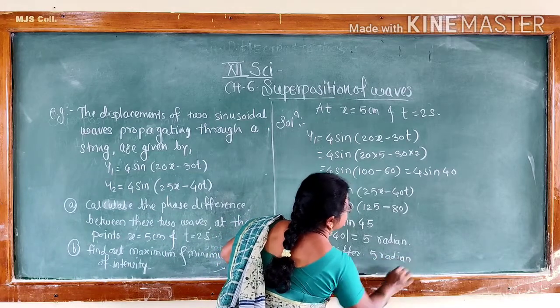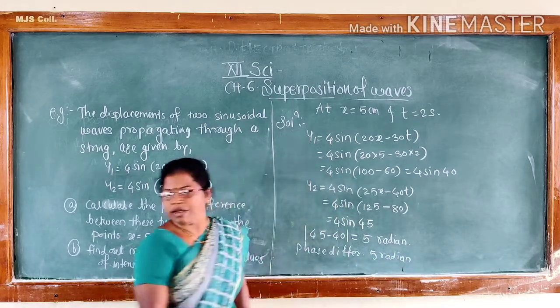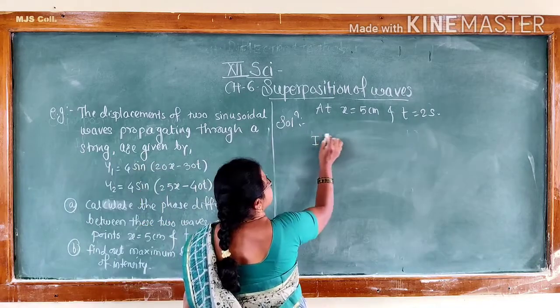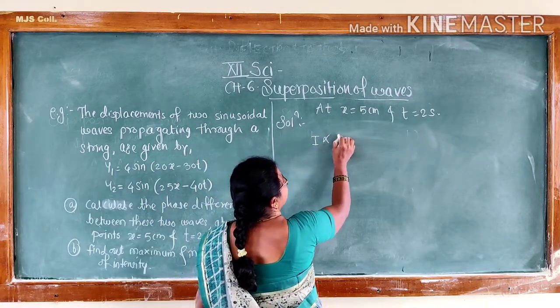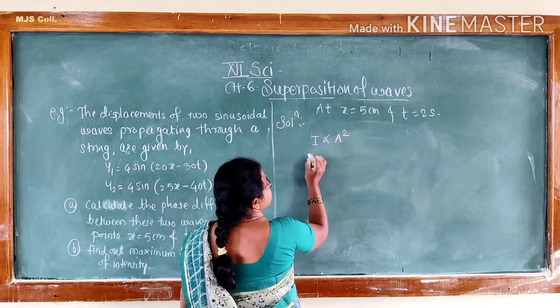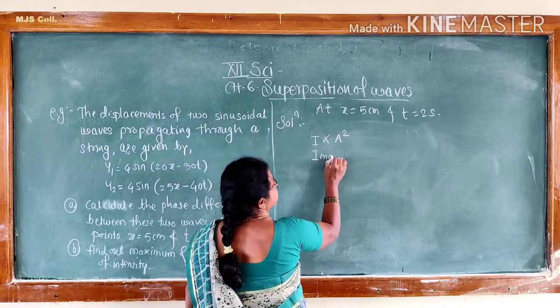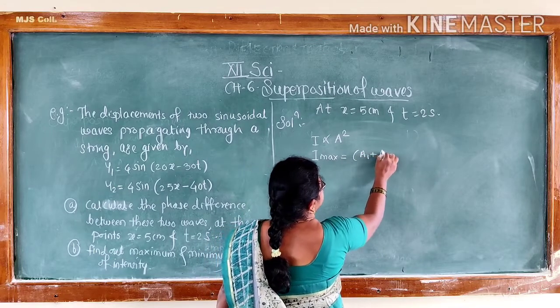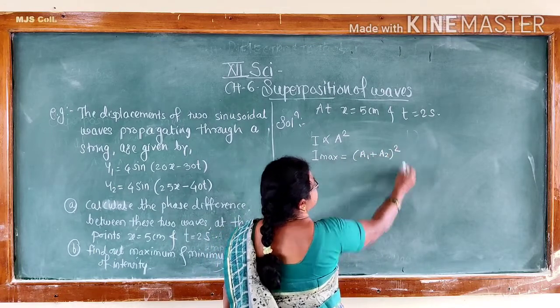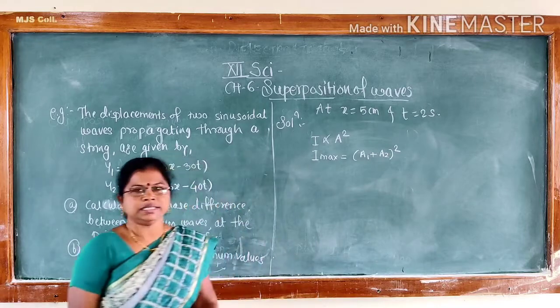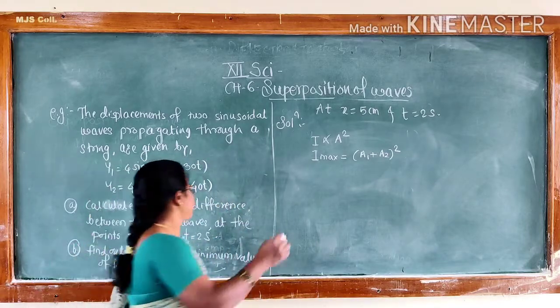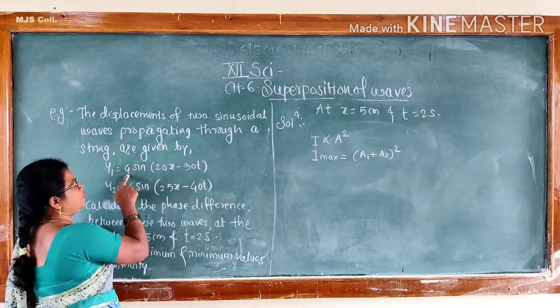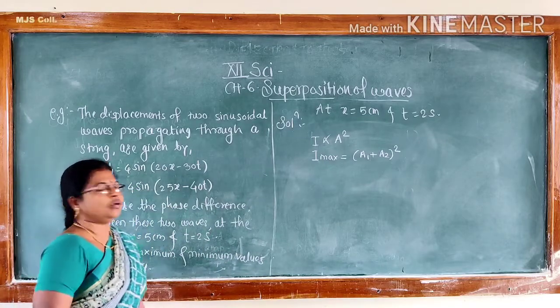Then next one, that is intensities. What is the value of intensities, which is directly proportional to amplitude square. When it is maximum, intensity maximum is equal to A1 plus A2 bracket square, where here A1 is equal to 4 and A2 is also 4.